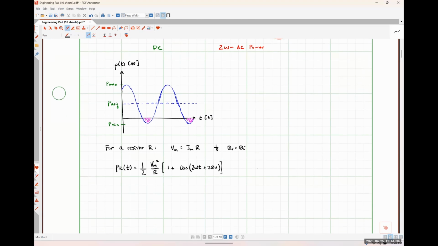And we can infer from this then that the DC portion of this instantaneous power is the average power absorbed by a resistor.